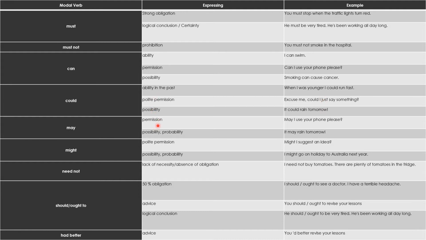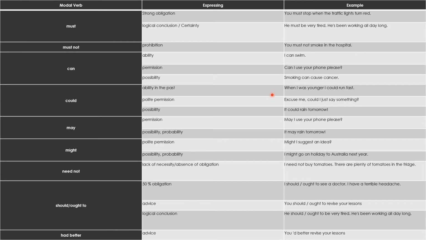Okay, and then may refers to permission and possibility or probability. This might make it a little bit complex when you see possibility and permission in there. So that means could and may, we can use both for permission. May I use your phone, please? Here you can use it for permission as well.